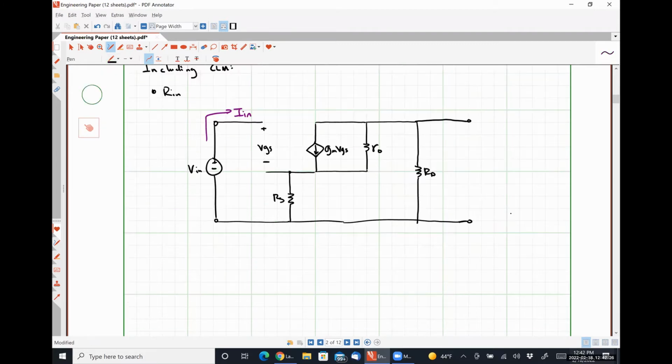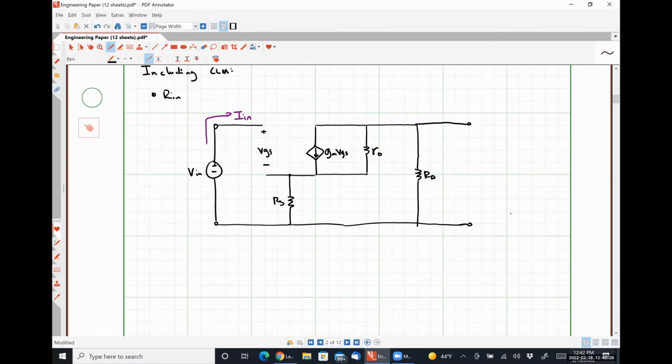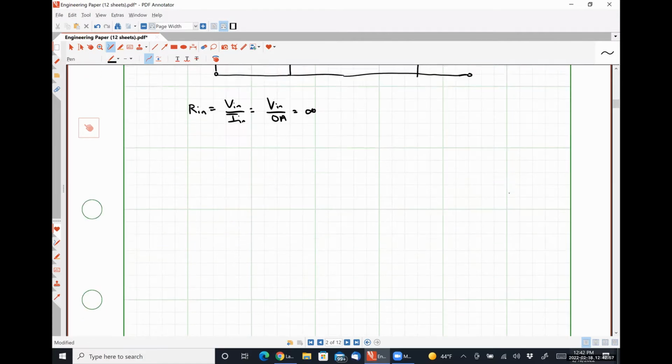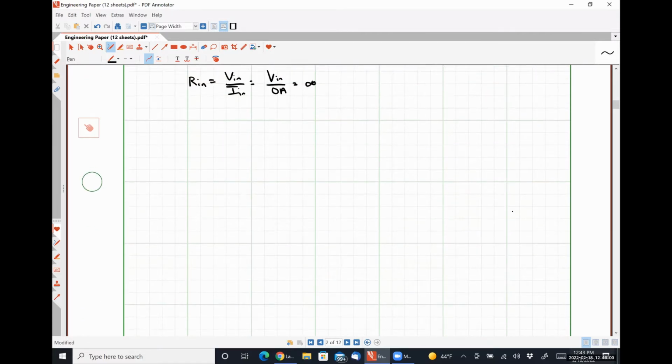So by inspection, Iin is obviously 0, and therefore our input resistance Rin is Vin over Iin, the same as Vin over 0 amps. We have an infinitely large input impedance, which absolutely makes sense because what do we see when we look into an open circuit, right? Now let's look at R out.